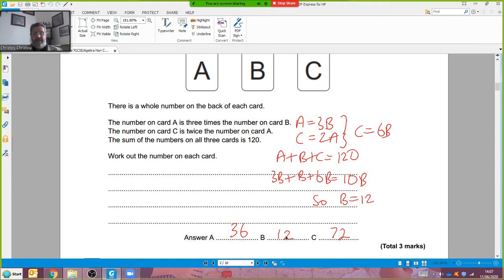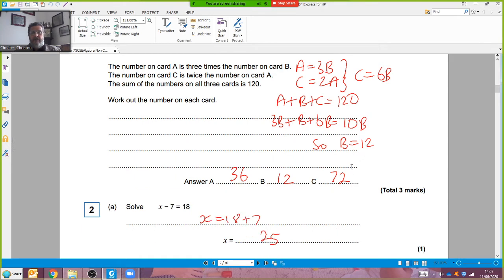Now, once I know that B is 12, A is 3 times 12, which is 36. And C is 6 B's, which is 6 times 12, and that comes to 72. Right? That's quite a tricky little question for a year 7 brain. Mind you, you nearly have a year 8 brain, to be fair, but there we go.